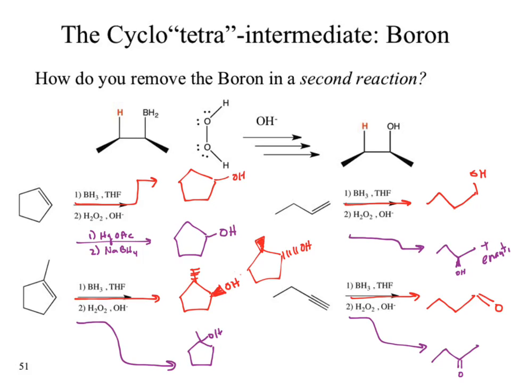Why? The boron reagent does the opposite of what we would typically expect. Mercury follows what we typically expect. So one answer is, I know boron does the opposite of what I want, so I'm going to do what I want, and boron does whatever the opposite of that is. Okay? So you are saying that my answer is going to be wrong, so I'm going to guess the opposite of my answer.